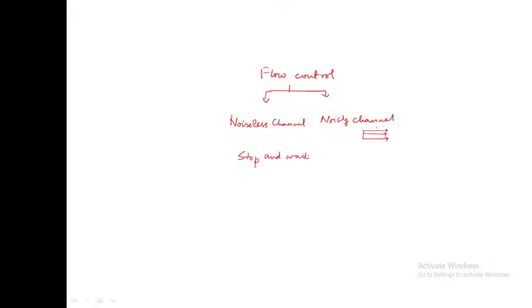First one will be stop and wait ARQ, the second one will be go back N ARQ, and the third one will be selective repeat ARQ. Okay, it will be just stop and wait, next is go back N.